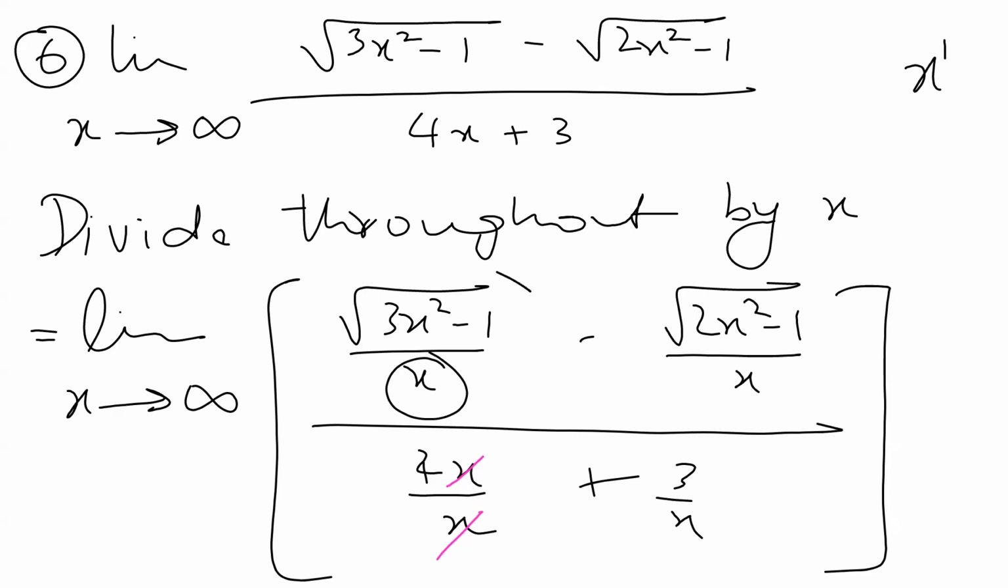The numerator has a root, so I want that root in the denominator also for this particular x. So how should I write it? Root of the full thing. So 3x square minus 1 upon x, the full root.